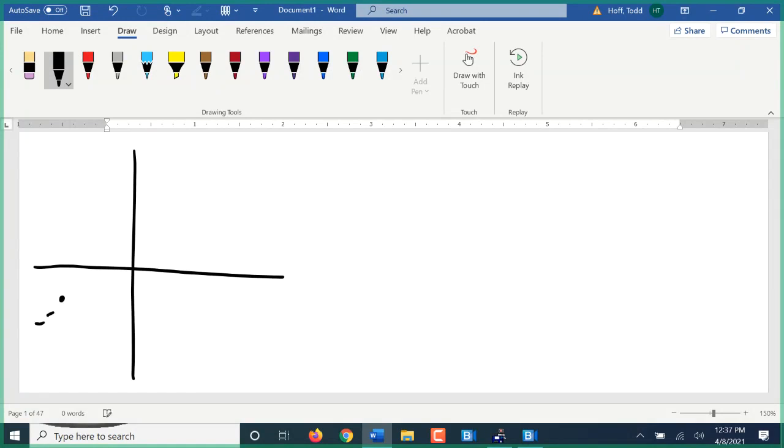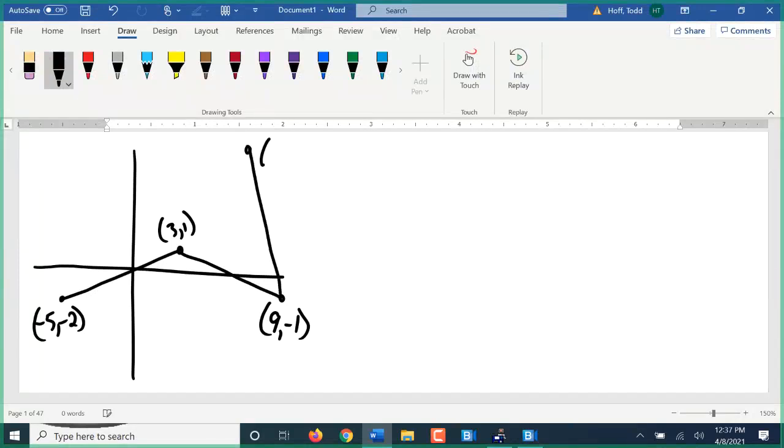So let's say I have here -5, -2, 3, 1, 9, -1, 8, 9, 1, 7, -4, 8, and then back again. So we've got a 6-sided irregular shape there. We can find its area using those coordinates.